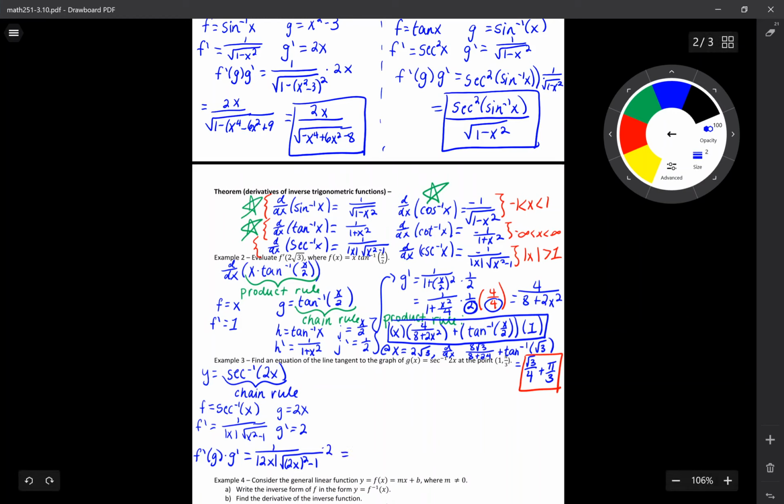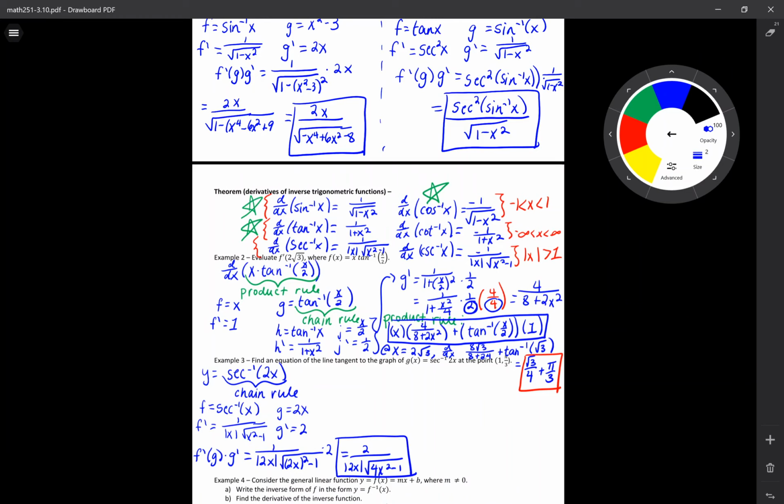This simplifies to 2 over absolute value 2x times square root of 4x squared minus 1. So this is our derivative here.